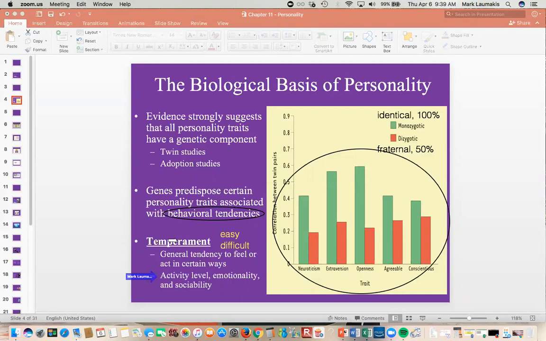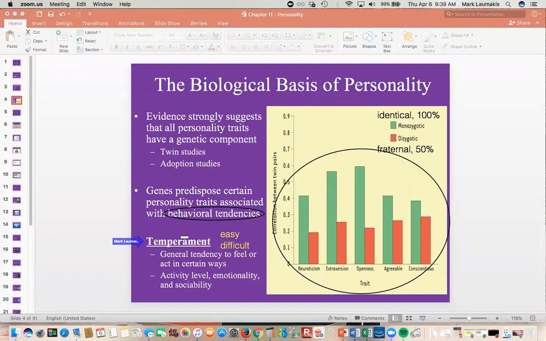Again, activity level, emotionality, and sociability, right? So a baby who, in terms of extroversion, is going to be high on that dimension, probably is really bright and bubbly, and when new people come to visit, grandparents or uncles, they get excited to see them and they run over to people and all that kind of stuff, versus maybe a baby who's going to be more shy and quiet and reserved does the opposite of those things, okay, early on in terms of temperament.